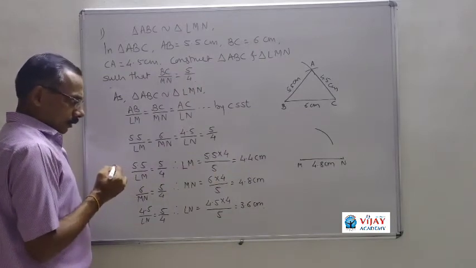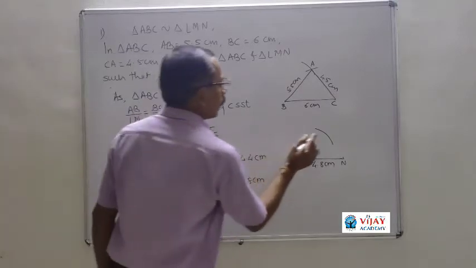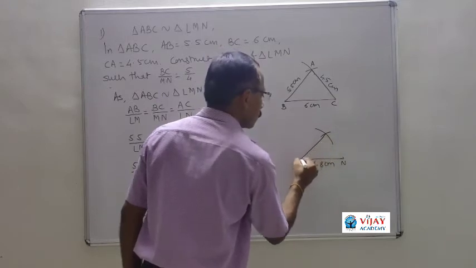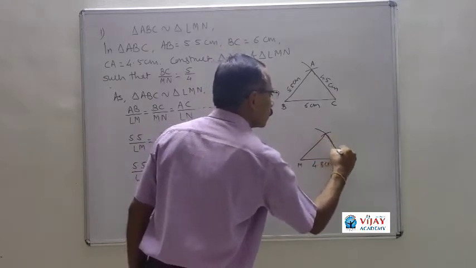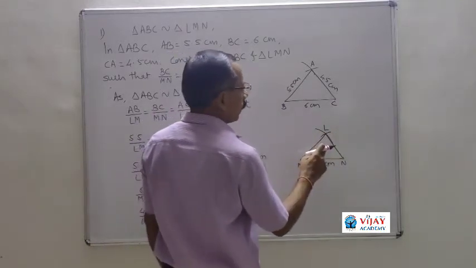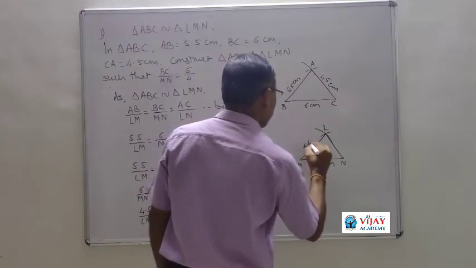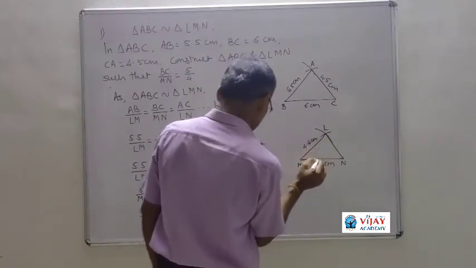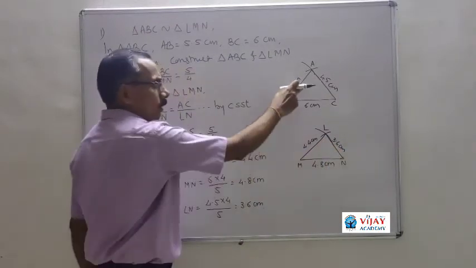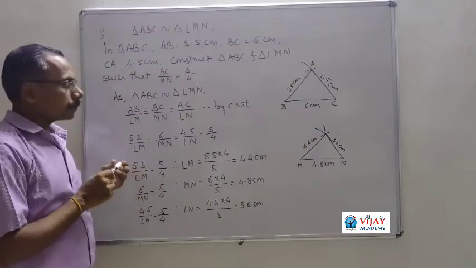The second one is taking LN 3.6 centimeter in a compass, draw another arc. Join these points L, M, N, and we get the other triangle LMN, with side lengths 4.4 centimeter and 3.6 centimeter. And we get these two different triangles.